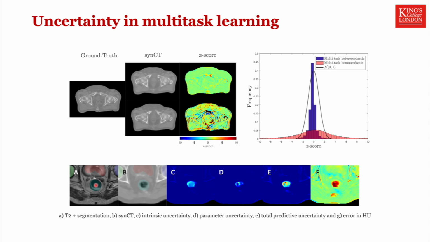And because of this, the model is aware, and you see that the uncertainty is very high in that region, that the error that is going to be introduced in that part of the regression is going to be very high, because there is never a way for you to know where the equivalent intensity would be in a CT in the ground truth compared to the MRI, because of this physiological difference that you might have between two images.